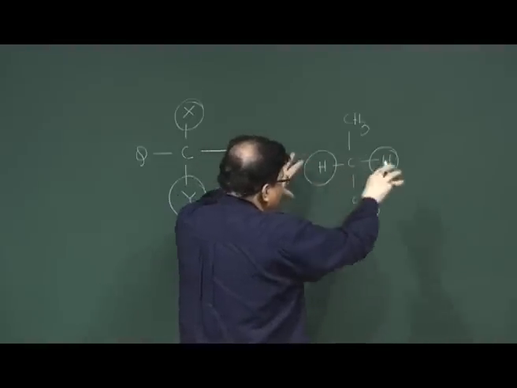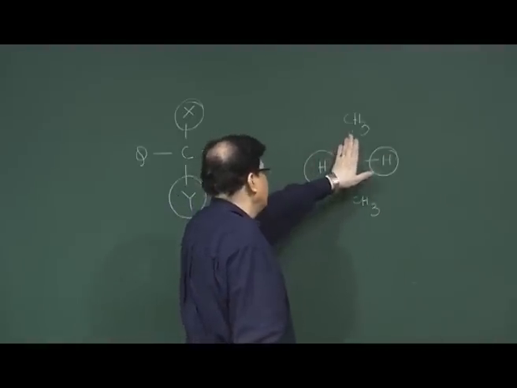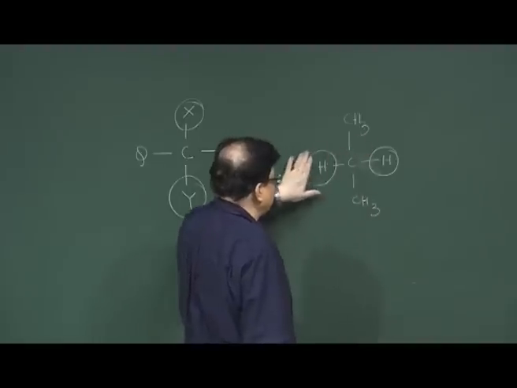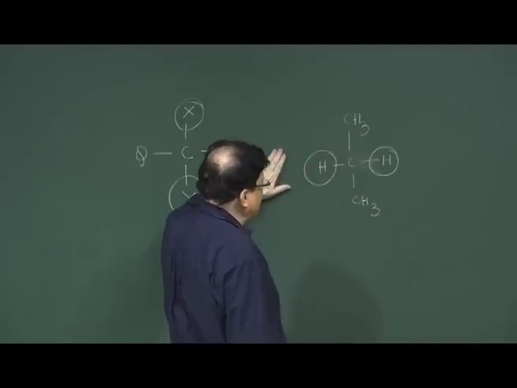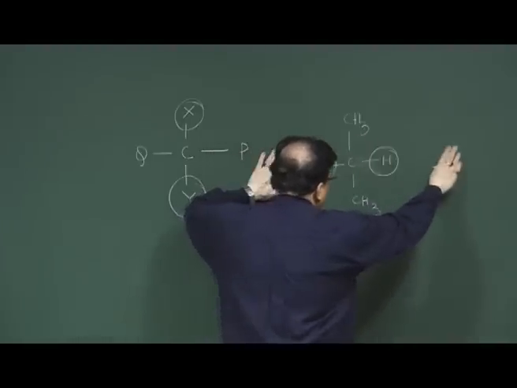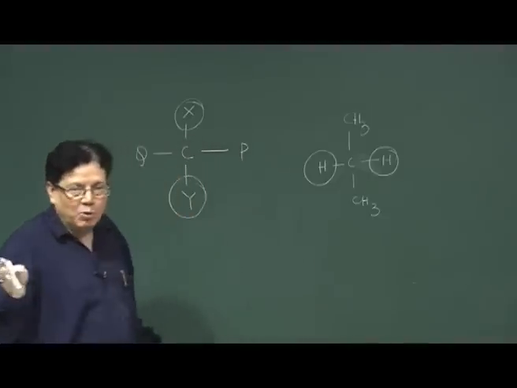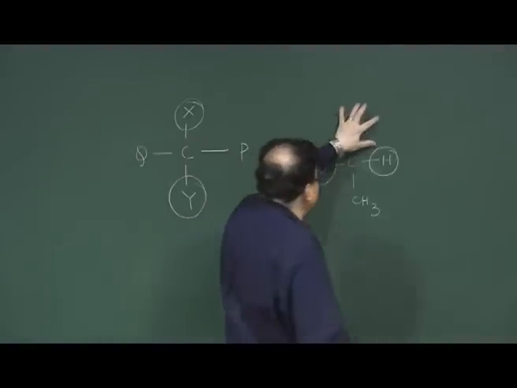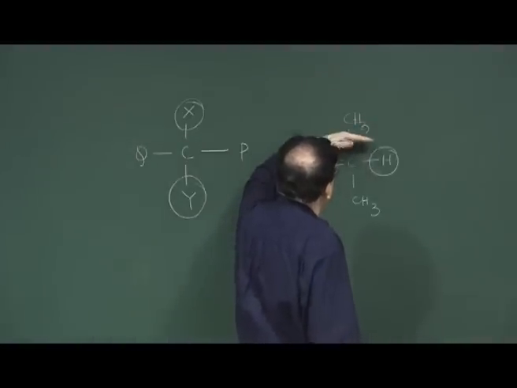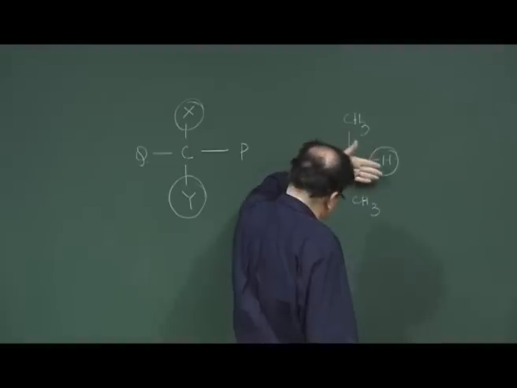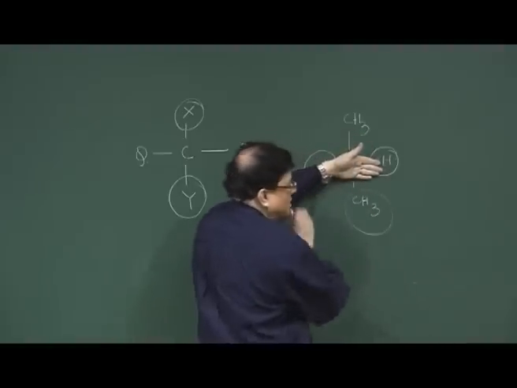Now, if I look separately, not from the molecule, if I segregate this hydrogen, take this ligand out of this carbon and take this ligand out of this carbon, they are same, both are hydrogens. Or take this methyl, just look in isolation. Okay, this is methyl, and look in isolation of this group, this is also methyl.